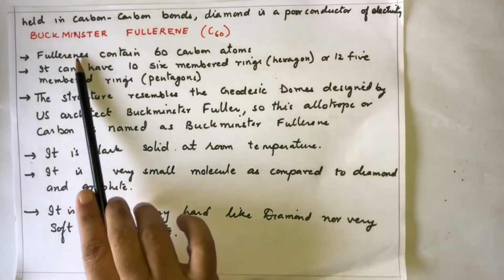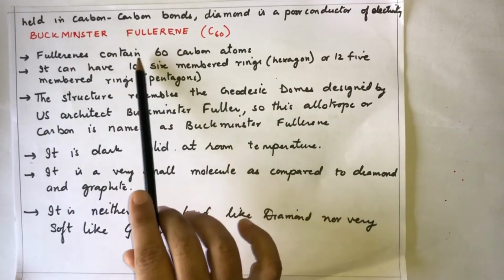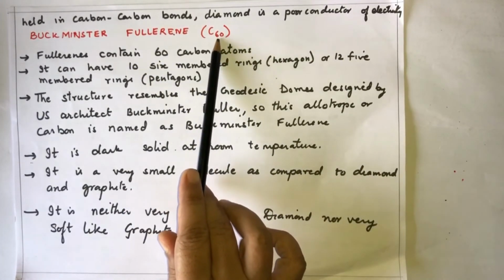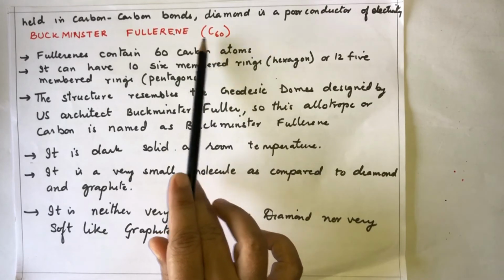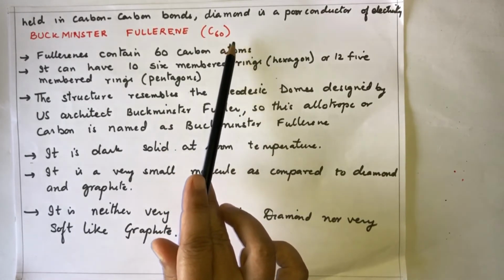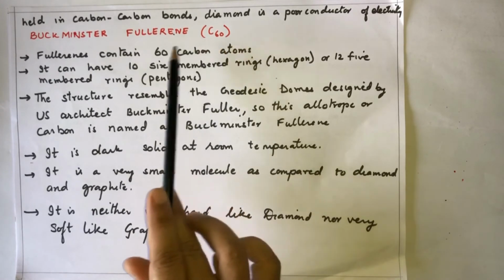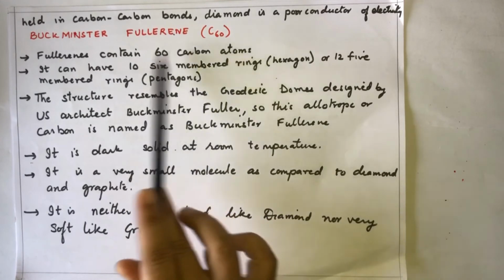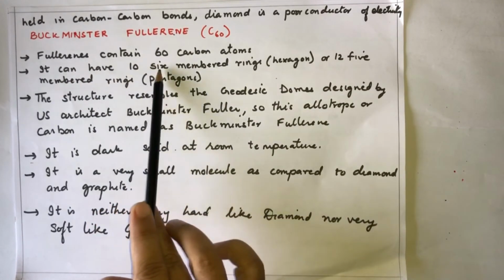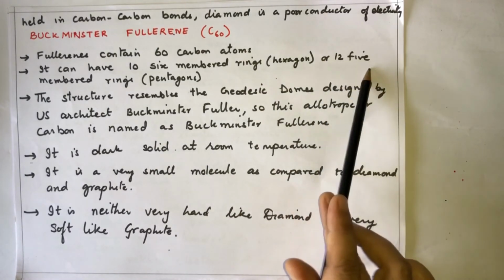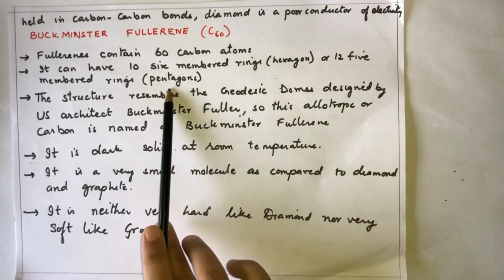Now, if I talk about Buckminster fullerene, the third allotrope, it contains at least 60 carbon atoms. It looks like a football. The structure looks like a football, and it contains a minimum of 60 carbon atoms. Fullerenes contain 60 carbon atoms. It can have 20 six-membered rings, that is hexagons, and 12 five-membered rings, that is pentagons.